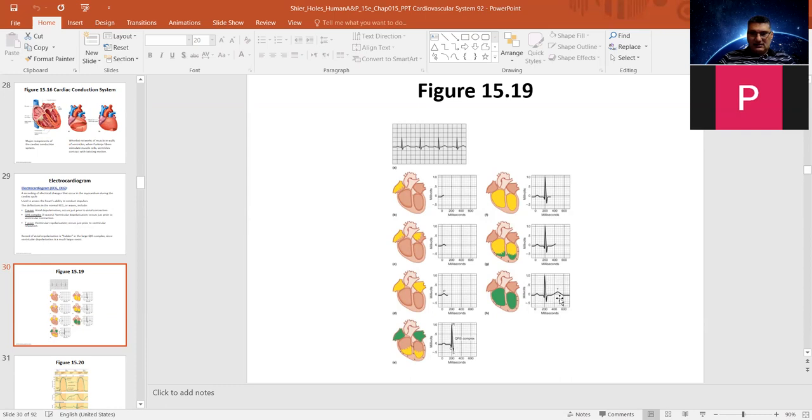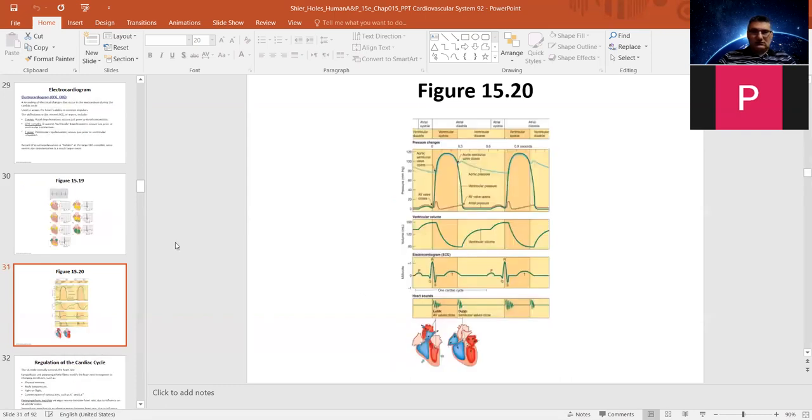And this is the T. You added the T. I wouldn't focus much on this, but you have to know this. P, QRS, T. What I want you to know here is, if I put an arrow on one of those, you tell me what this is and what caused this to happen.